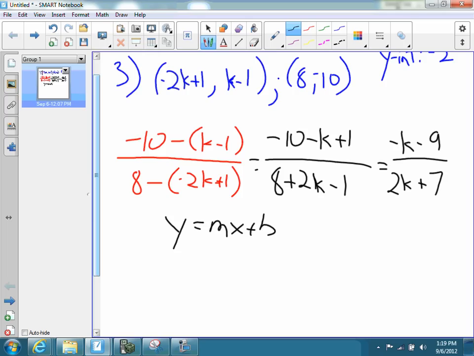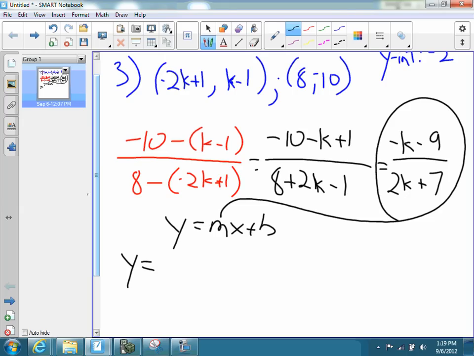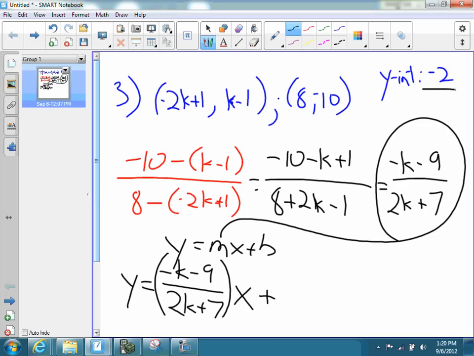So y equals m, that's our slope, so y equals (-k minus 9) over (2k plus 7) times x, plus, we were given our y-intercept of -2.